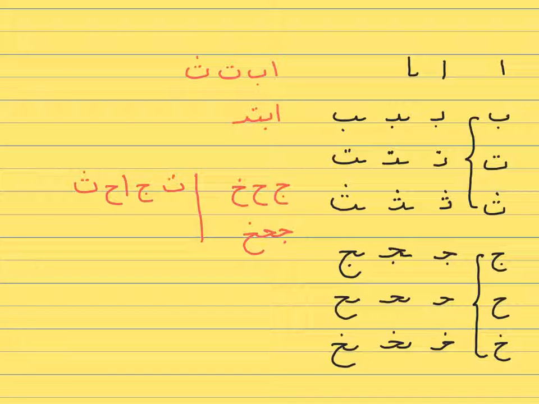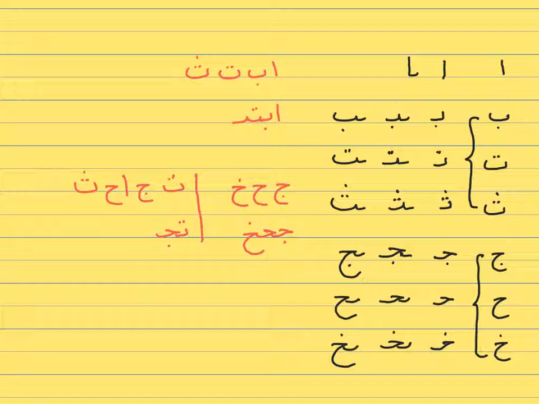Okay, so ta, you look at the rules of ta. So this is the ta and it can be connected to the next letter, and you also have to look at the rule of the next letter, which is jim. Jim can also be connected to the previous letter, so you join both of them. So this is your ta, this is your jim.